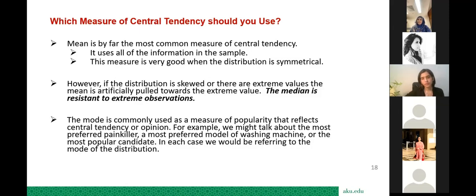However, if your data is skewed, what is the meaning of skewed? If there are certain observations that pull your data in one direction, known as outliers. For example, if the patients presenting to your clinic range between 20 and 40, your observations are between 20 and 40, so the possibility is that your data will be normally distributed.